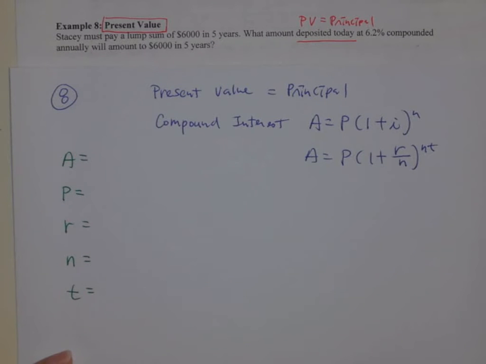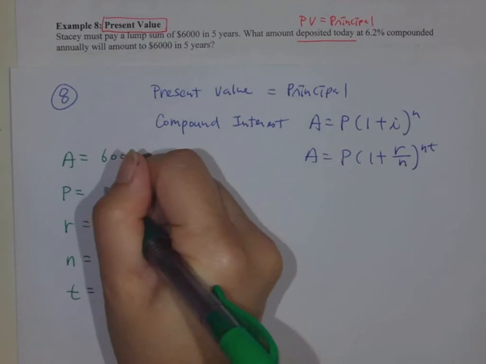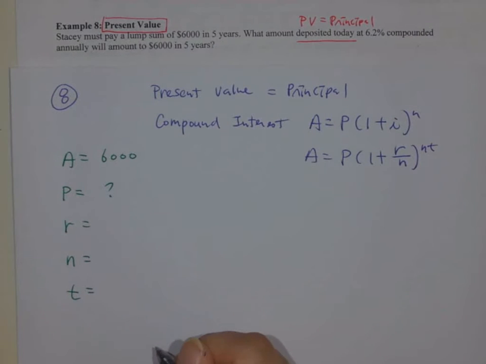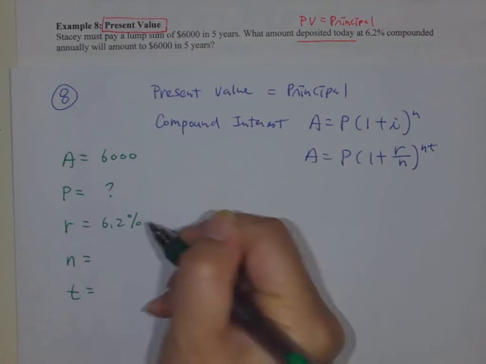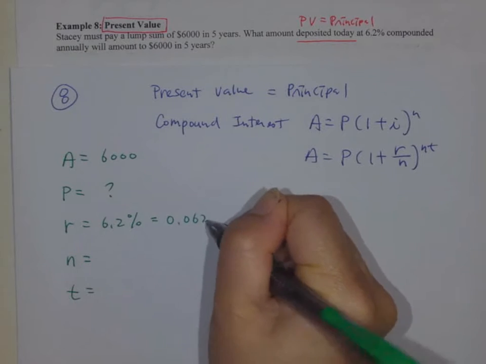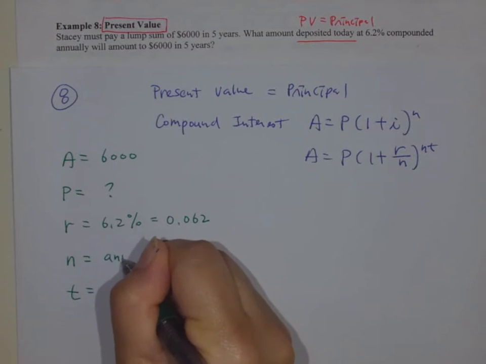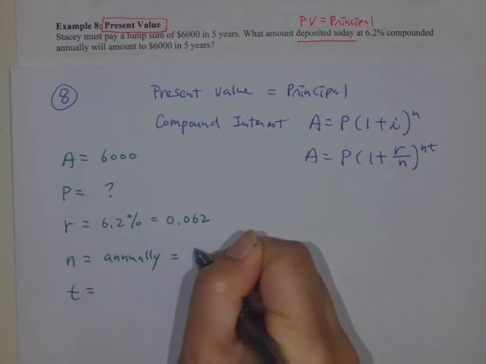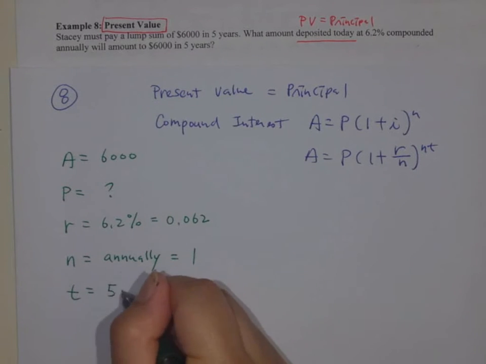So basically, you want to get out $6,000. You don't know how much money to put in yet. You know your interest rate is 6.2%, but don't forget to change it to decimal, 0.062, and the n is annually, which means once a year, and the t is time, which is 5 years.